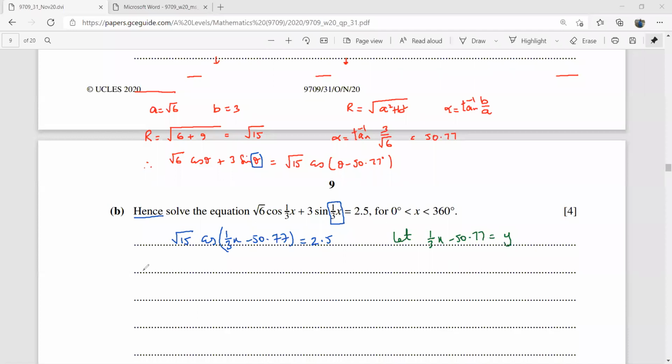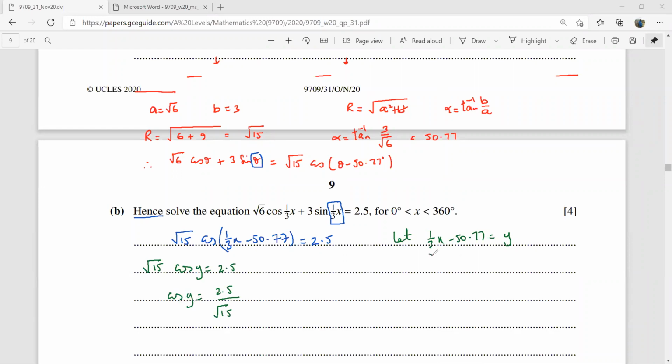So this equation becomes under root 15 cos y, that is equal to 2.5. So this cos y is going to be 2.5 over under root 15.